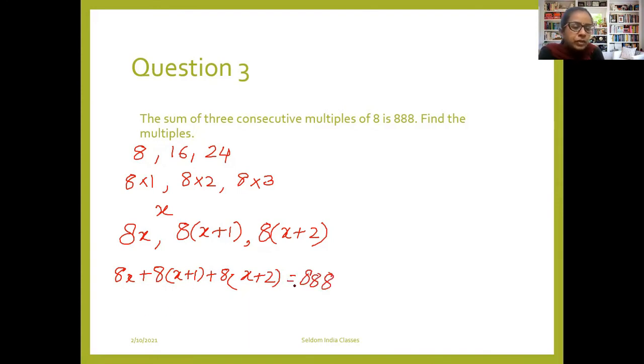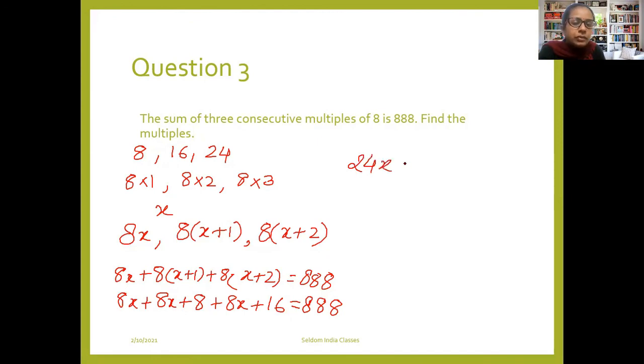Okay. Now solving the equation, multiply 8 inside, 8x plus 8 and 8x plus 16. 8 into 2 is 16. Okay. Equals to 888. Now add the x terms.